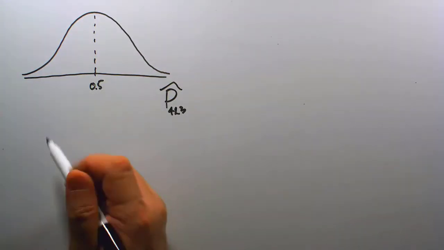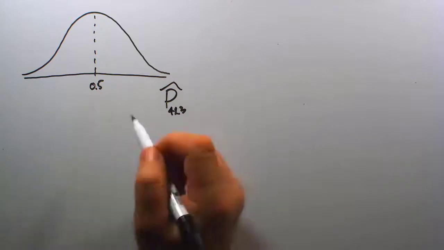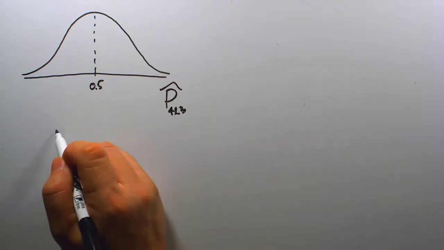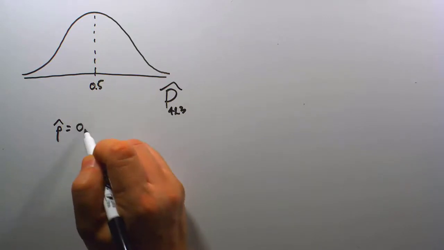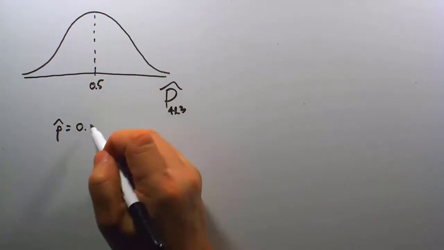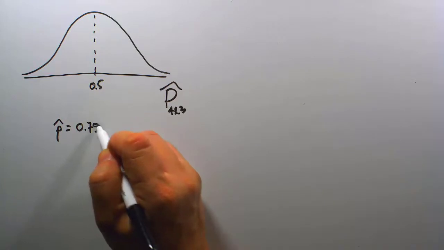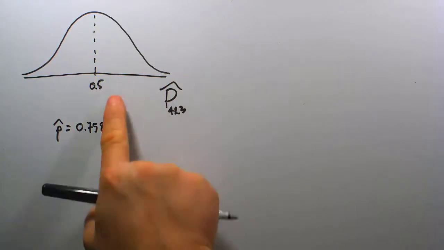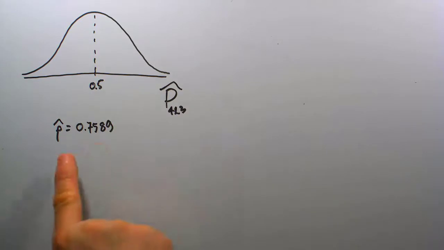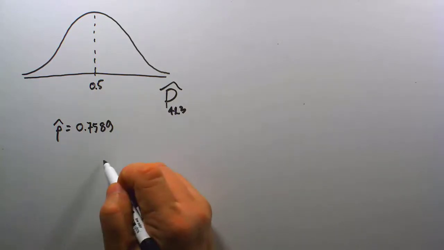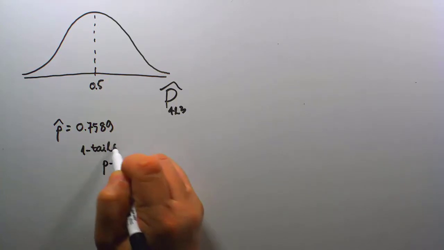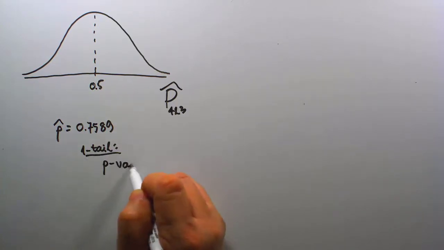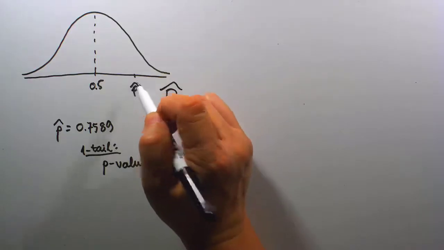But then we found, in our particular problem of example 4, that our sample was a value of 0.7589, which is well above the claim here. And so now the p-value as a one-tail p-value. Yes, clearly p hat is here somewhere.